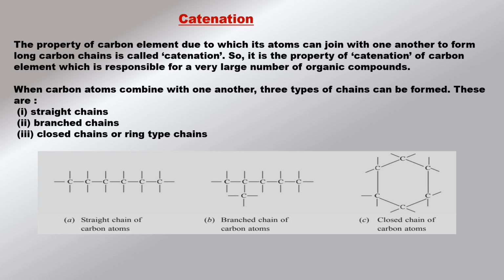The property of carbon element due to which its atoms can join with one another to form long carbon chains is called catenation. When carbon atoms combine with one another, three types of chains can be formed. These are straight chains, branched chains, and closed chains or ring-type chains.